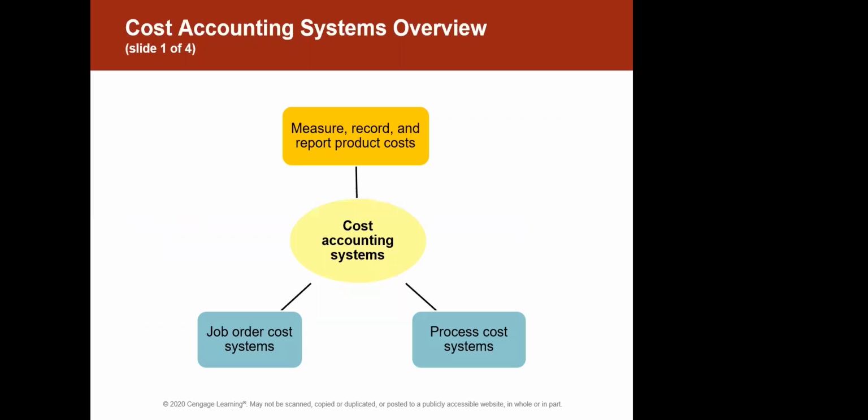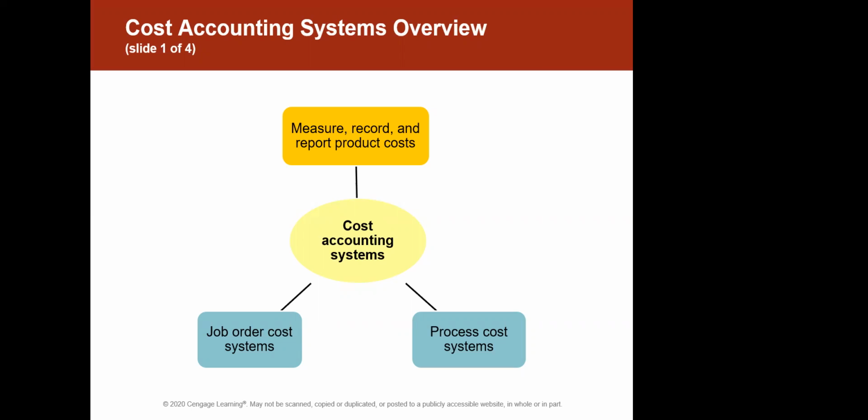So the first thing is, when we talk about cost accounting systems, what we're trying to do is just say, what are our costs? And we want to figure out ways to measure our costs, okay? And you would think that there would only be one way to do that, but there's multiple ways. The 2 main ways that people do this in managerial accounting are what's called a job order costing system and a process costing system.